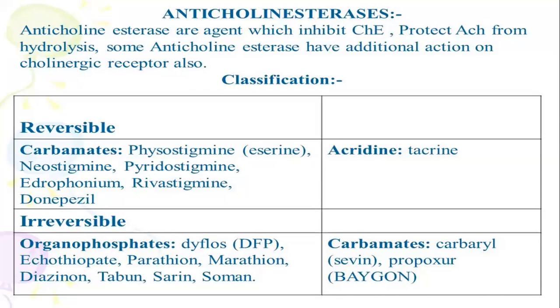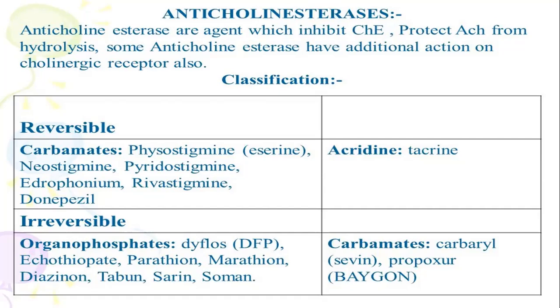Then the irreversibles are the organophosphates: dyflos, echothiophate, malathion, parathion, tabun, sarin, soman. These tabun, sarin, soman are nerve gases. Organophosphorus poisoning, you will see very commonly. Insecticides are taken sometimes for committing suicide in patients.